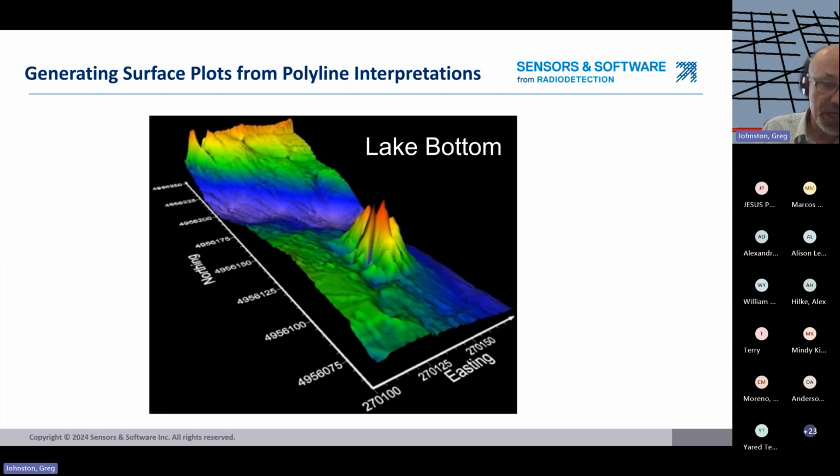In this case, we can see the surface going from shallow at the shoreline to deeper in the middle of the lake. It turns out in this particular lake there's an interesting pinnacle, it must be bedrock sticking up or something like that. So again, this is information extracted from GPR data, but plotted in third-party software.